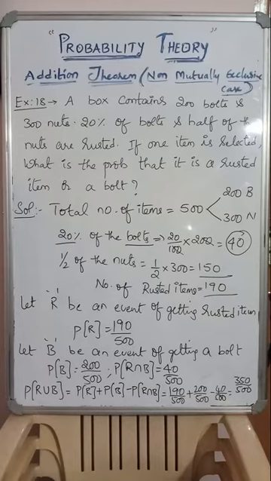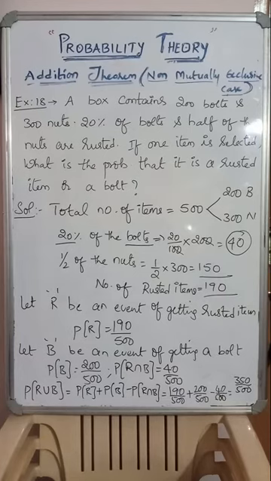Next, getting a bolt, only bolts they are asking, irrespective of whether they are rusted or non-rusted ones, together whole bolts. So let B be the event of getting a bolt, that is P of B equals 200 by 500. Now rusted item and bolt, that means among bolts the rusted items, so there is a combination which is non-exclusive. Therefore rusted bolts, how many are there? Rusted bolts 40 are there, so 40 by 500, rusted and bolt.